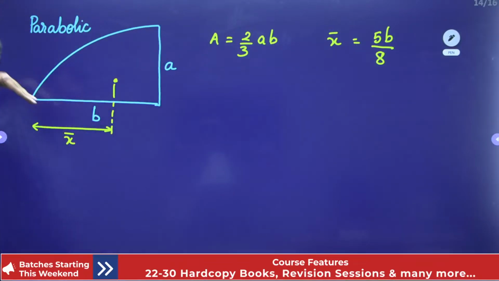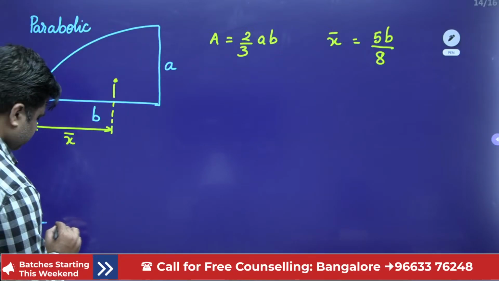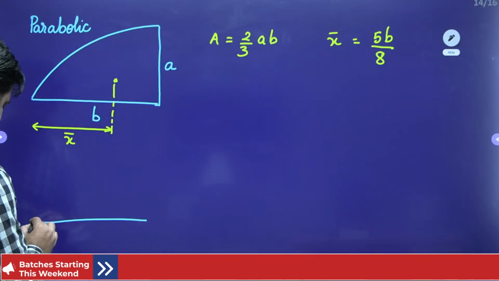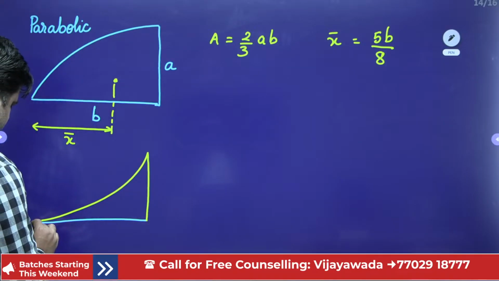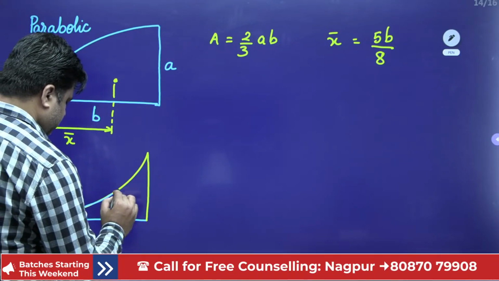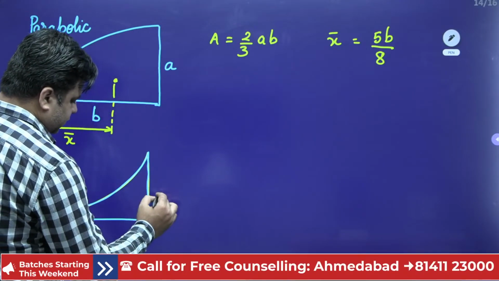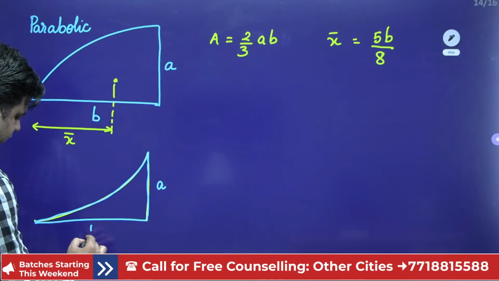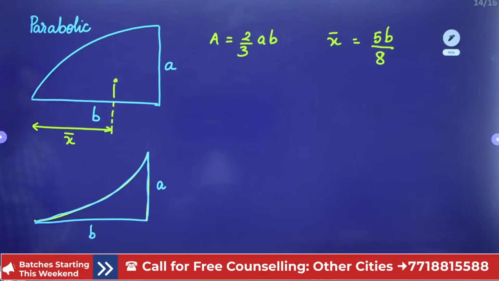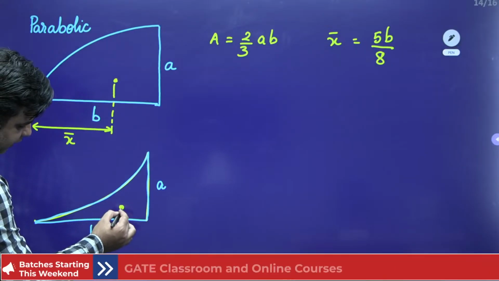But when you have the concave shape of the figure, this is the concave shape. So this is A and this is B. For this concave shape, this is my x bar.